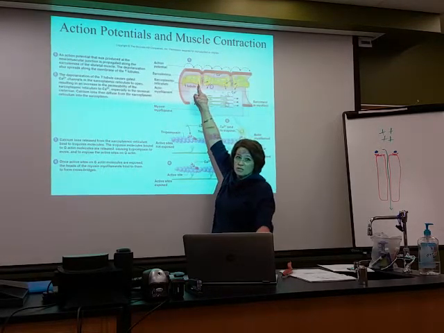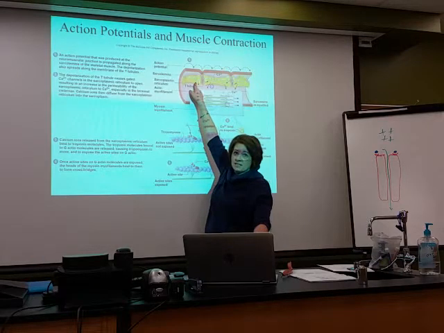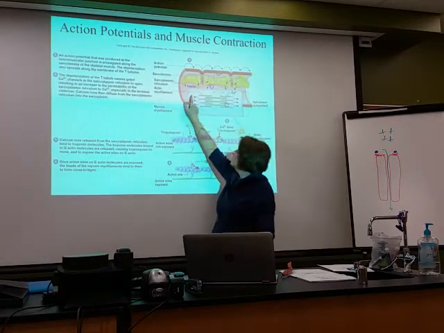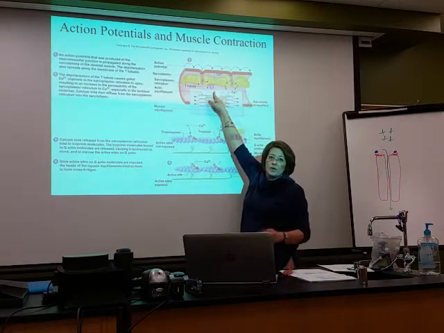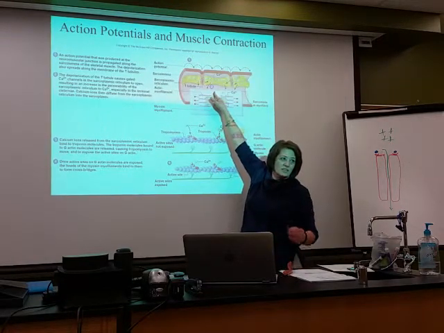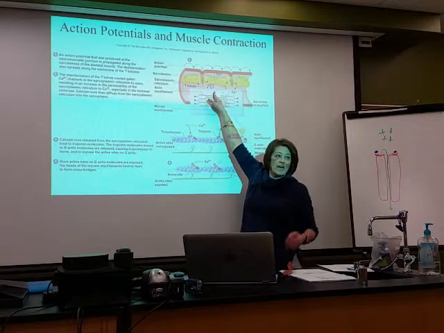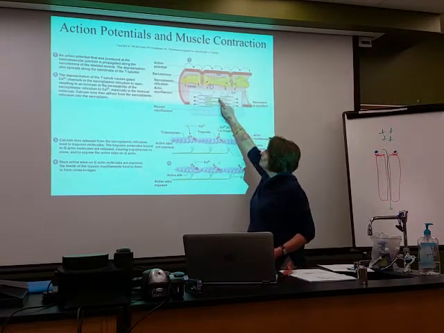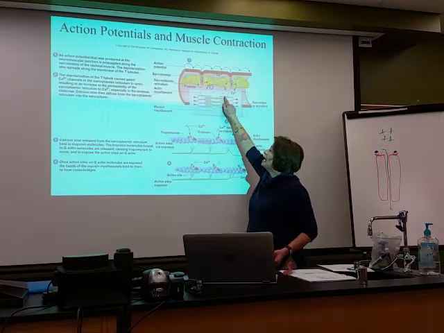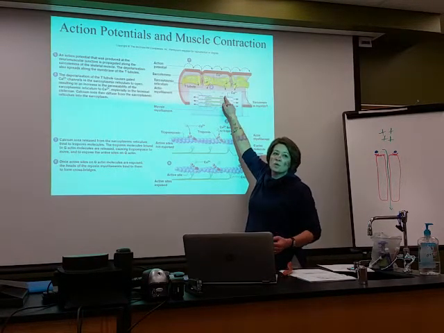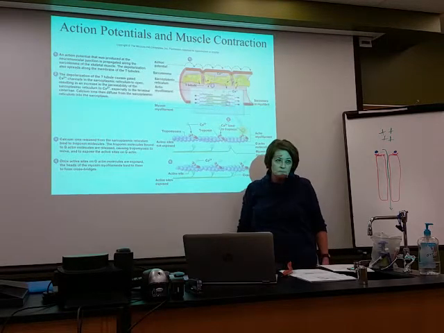If the T tubule gets excited and that calcium gets riled up, the calcium is going to be released. And now that we're inside that sarcomere, where we are at the point of my actin and my myosin, the calcium attaches to troponin.